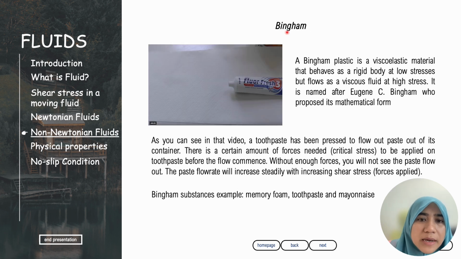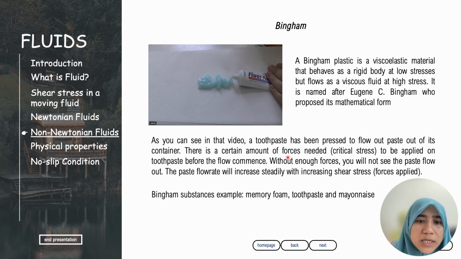Okay, next is Bingham. Bingham is a viscoelastic material that behaves as a rigid body at low stress, but flows as a viscous fluid at high stress. It is named after Eugene C. Bingham, who proposed its mathematical form. In this example, the toothpaste is pressed to flow out of its container.